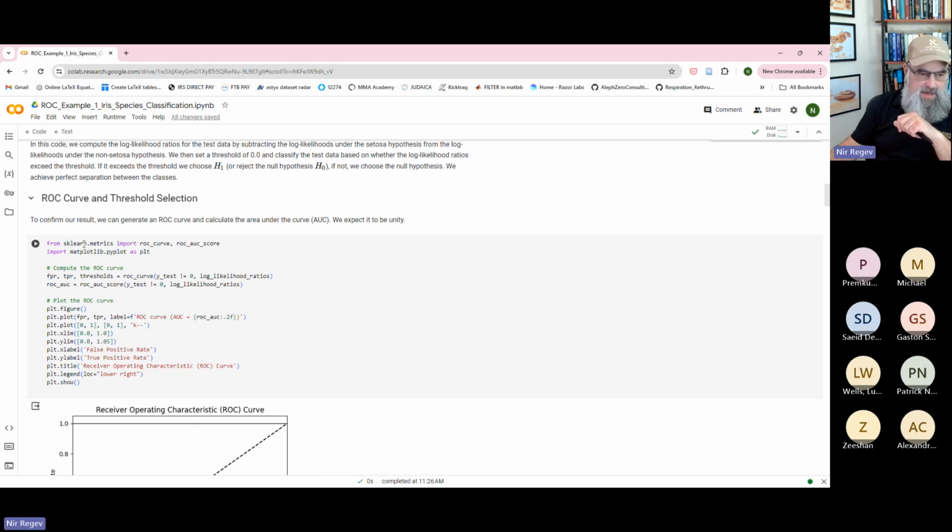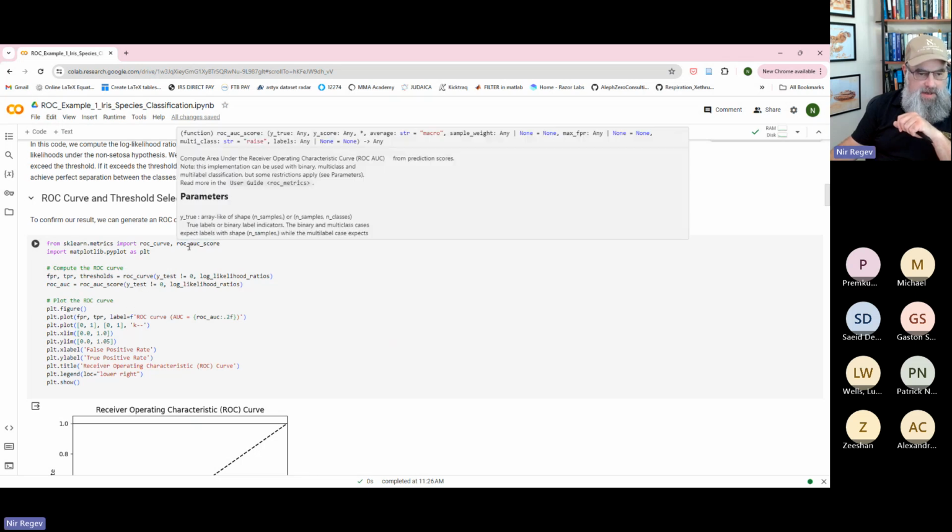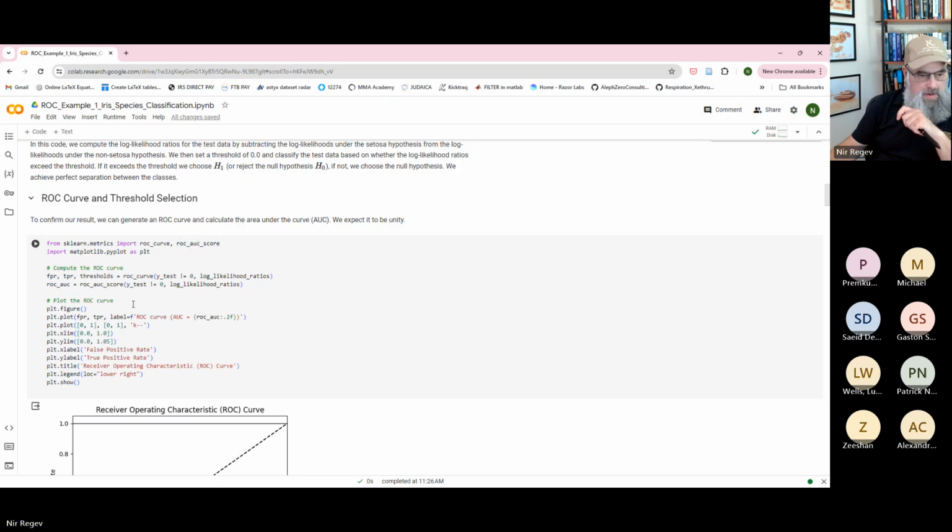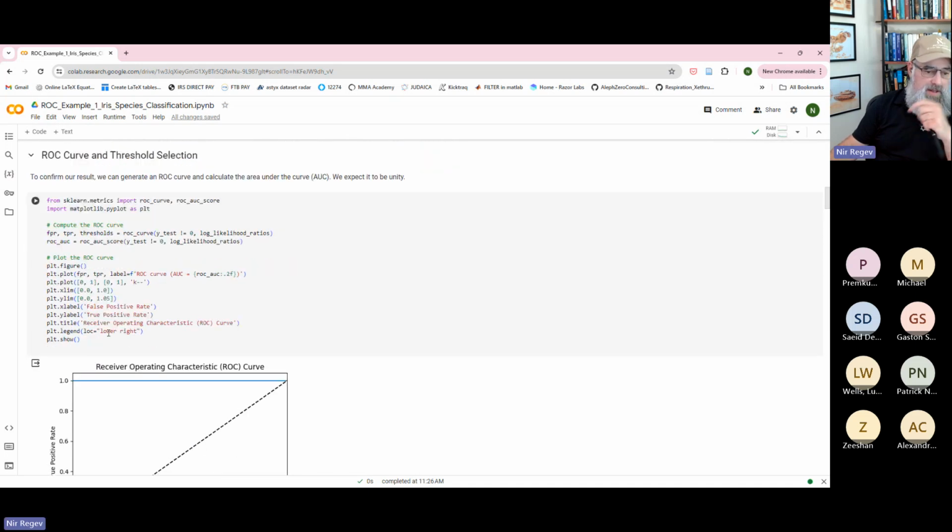This is also in scikit-learn metrics. And it also has the ROC AUC score. Remember, we can basically calculate the FPR and TPR for plotting, and the threshold, and we can calculate the AUC. Okay, and now we just plot it.